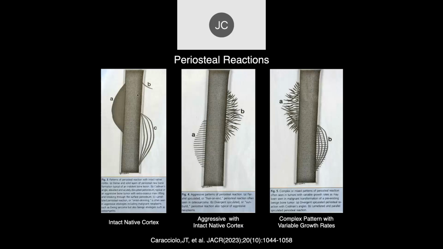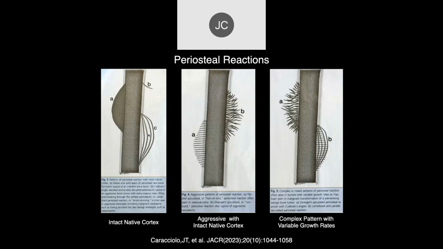So this is now looking at the aggressive patterns. This would be non-aggressive, nice and smooth, contiguous with the cortex. Then you can have a striated appearance where you have sclerosis, less density, more sclerosis, less density, and a laminated pattern. This has to do with different rates of growth and ossification over time.